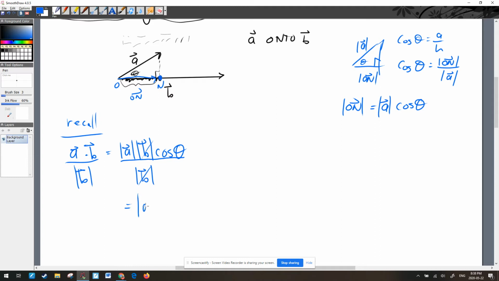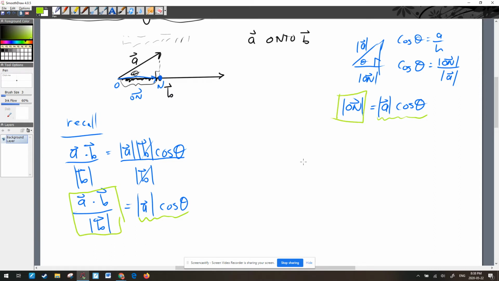And we have then that the magnitude of A cos theta is equal to A dotted with B over the magnitude of B. And you're like, okay, well, look, this is pretty cool. Symmetry here says this A cos theta is the same as this A cos theta, which means that this expression must actually be the same as this expression.